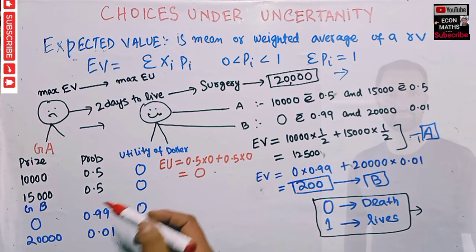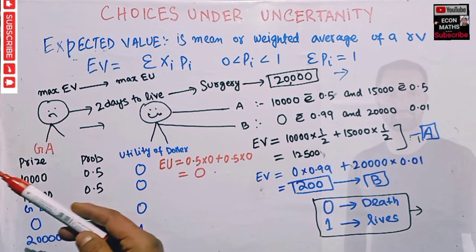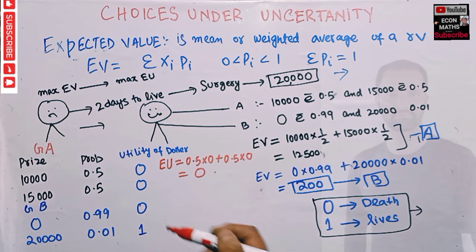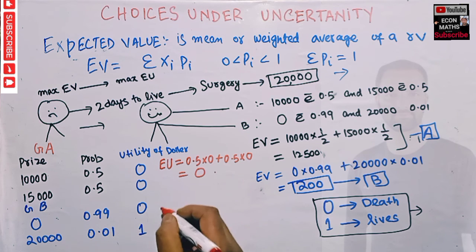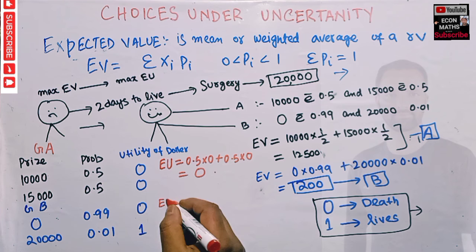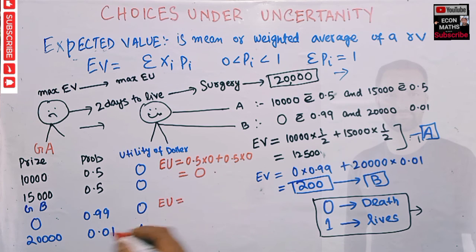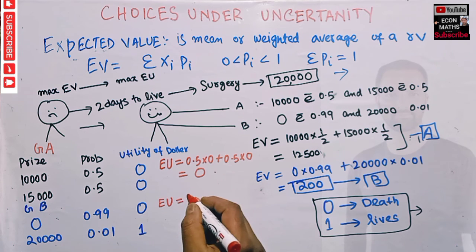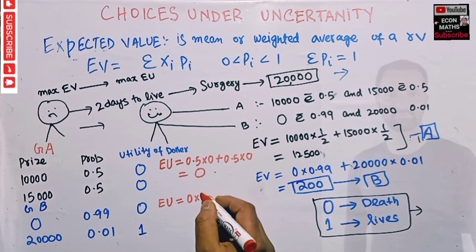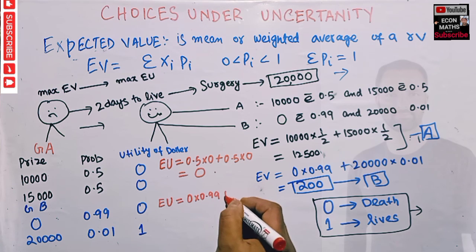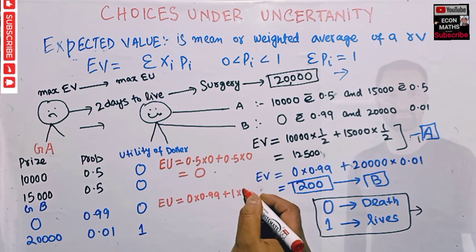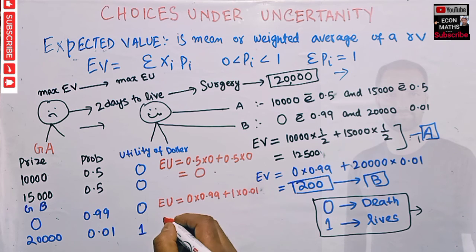That means he will die eventually, whether he receives 10,000 or 15,000. But in gamble B, let us see what the expected utility is. We have 0 into 0.99 plus 1 into 0.01.